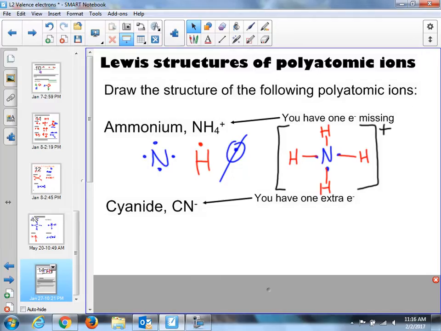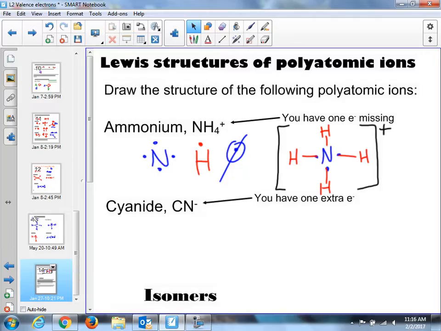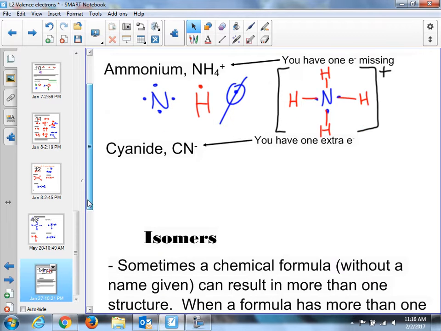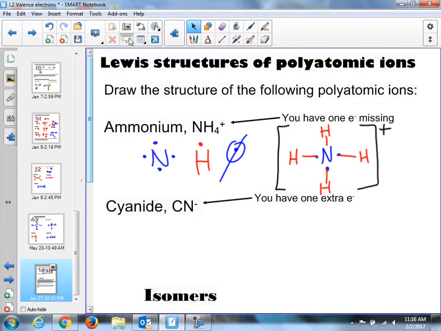Cyanide. We'll concentrate on cyanide, and I'll get to the word isomers afterward. CN minus. That means -1, an extra electron to work with. I'm going to just get to the isomers thing later, it'll be too distracting otherwise.